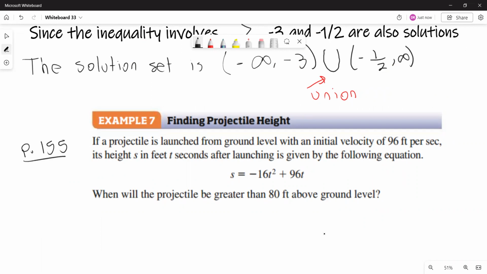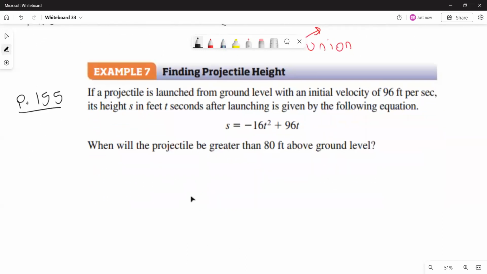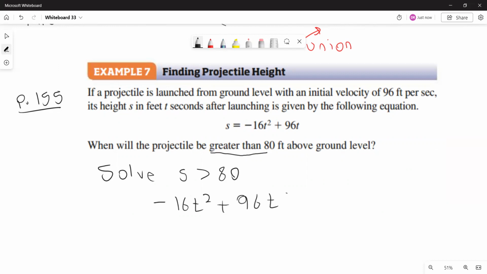If a projectile is launched from ground level with an initial velocity of 96 feet per second, its height in feet t seconds after launching is given by S equals -16t squared plus 96t. When will the projectile be greater than 80 feet above ground level? We want to solve S greater than 80, so -16t squared plus 96t greater than 80.